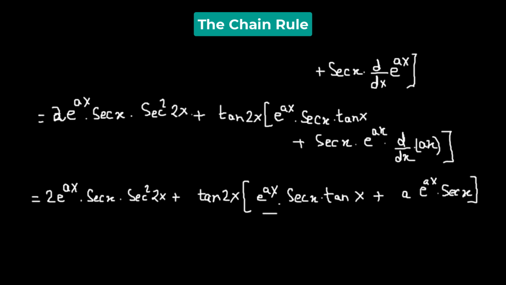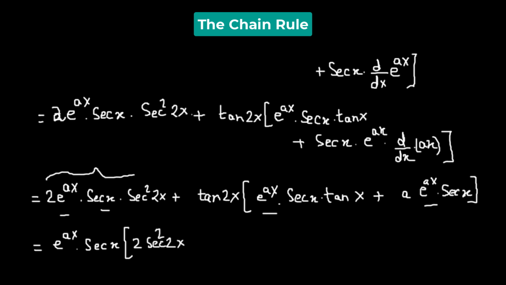We can also pull out e raised to the power of ax as the common factor, and we can also take out secant x. So we have e raised to the power of ax times secant x as the common term, so that leaves us with 2 times secant squared 2x, which will be left from the first term.